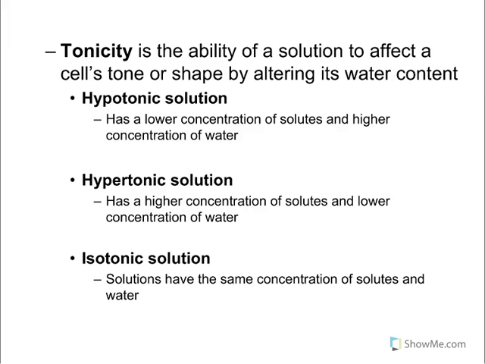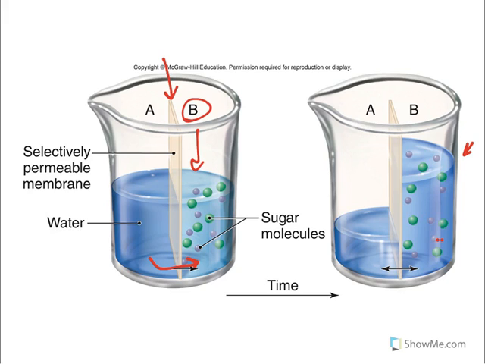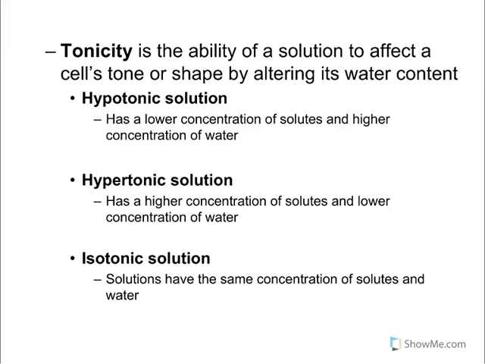Then we can talk about tonicity. This is the ability of a solution to affect a cell's tone or shape by altering its water content. We're altering that water content, so we need to describe what's going on here. We can have three types of solution. We can have a hypotonic solution.